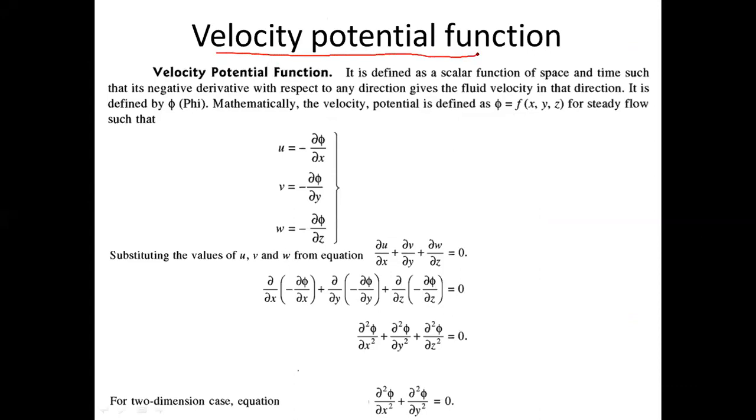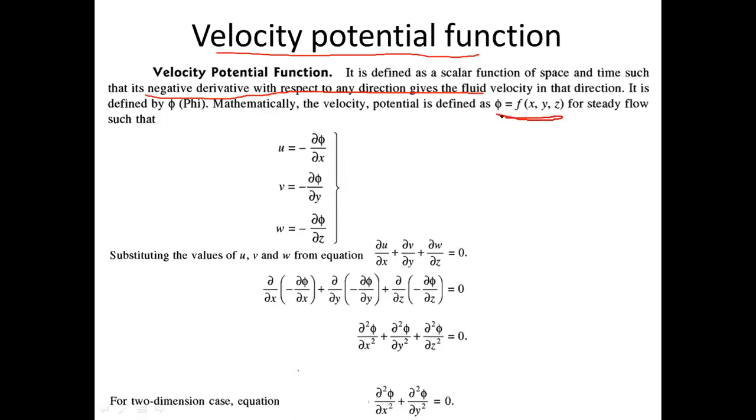So basically, the definition of the velocity potential function is that it is the negative derivative with respect to any direction, which gives the velocity in that direction. Velocity potential function is a mathematical function.